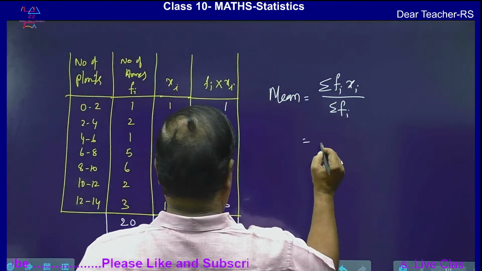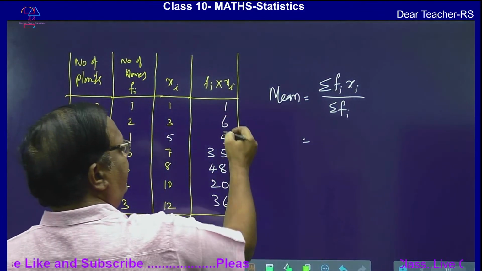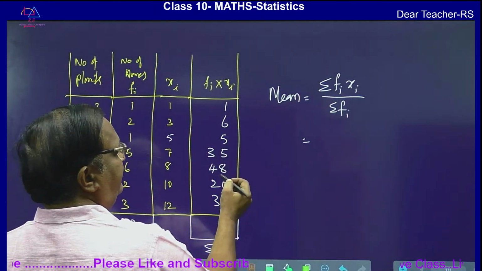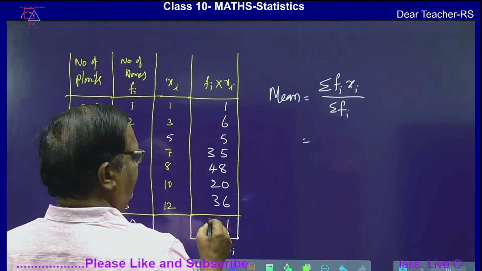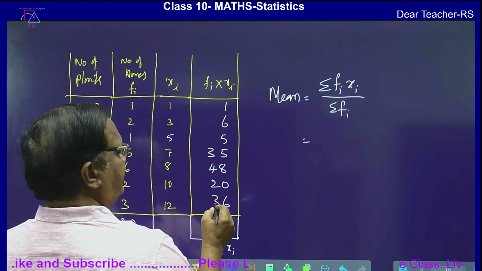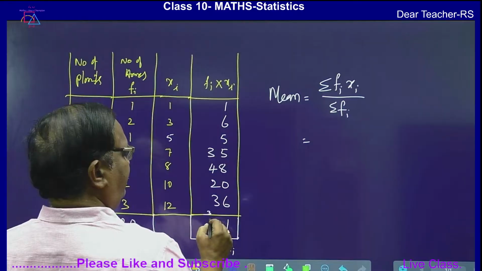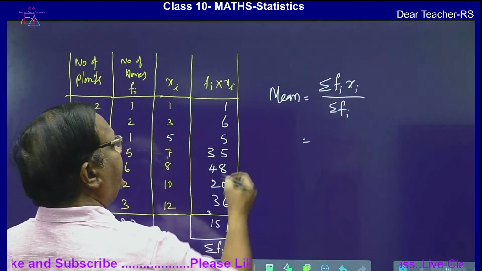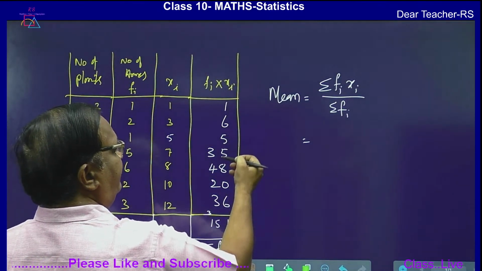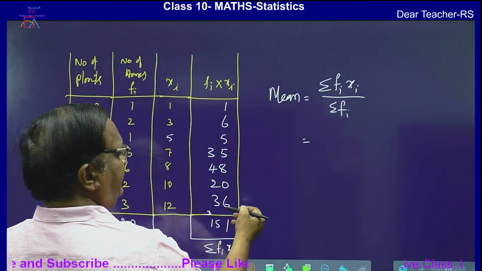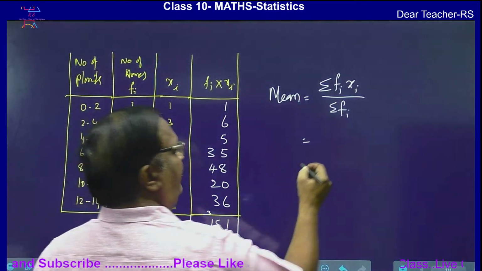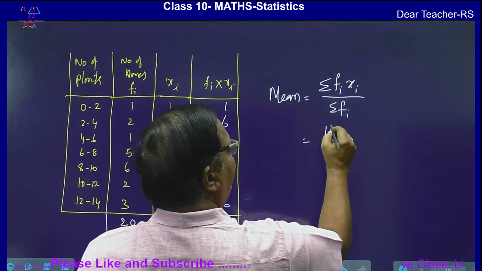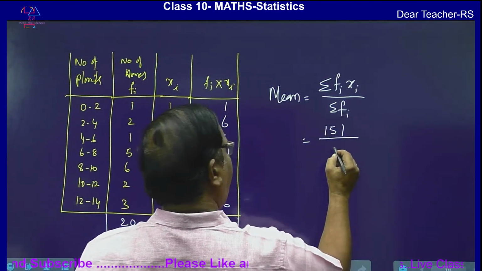So we add 7, 12, 17, 25, 31. Let me check one more time: 3, 6, 8, 12, 15. Better always to check. So 151 divided by 20.